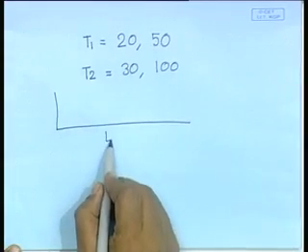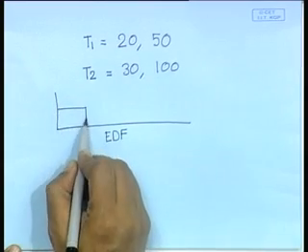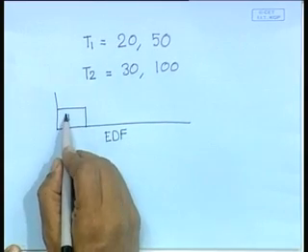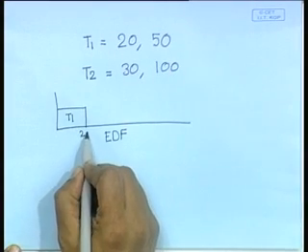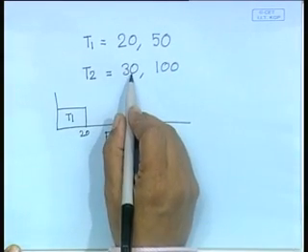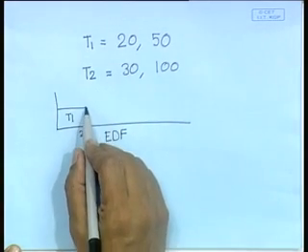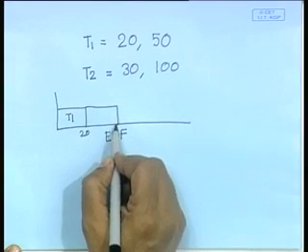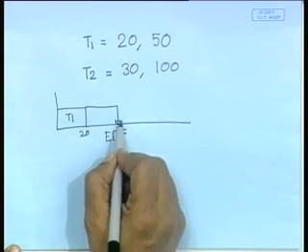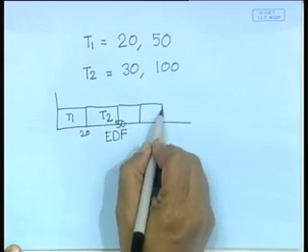Let me draw for EDF. It will start with T1 because that has the earliest deadline, and it will run up to 20, and at 20 T1 has completed and T2 will run for 30, and again T1 will run and again T2 will run and so on.